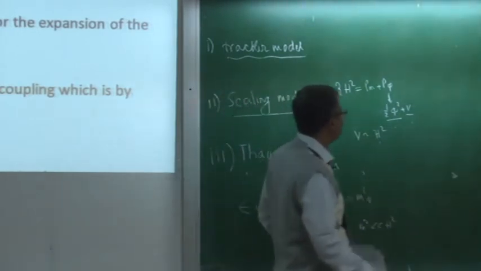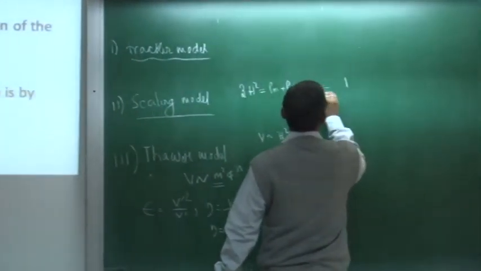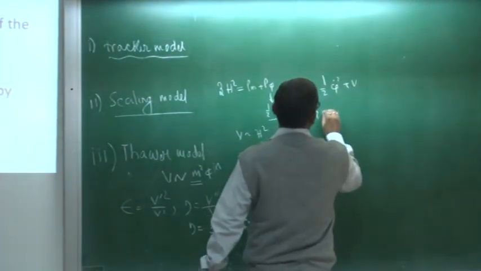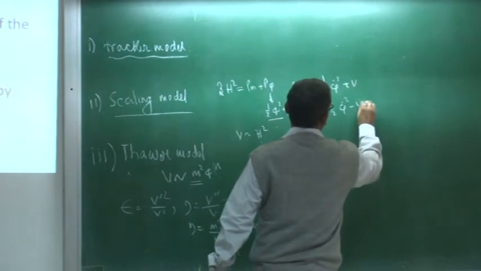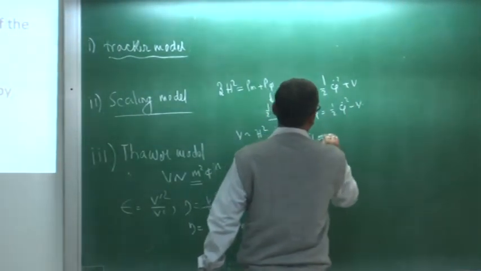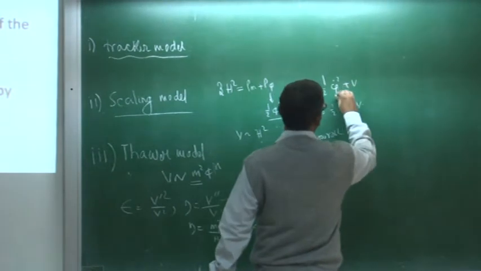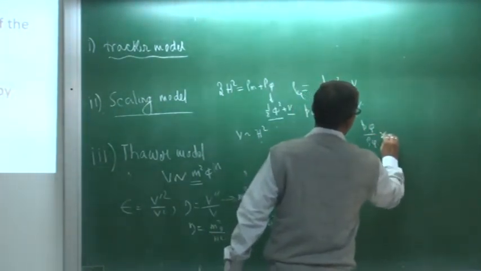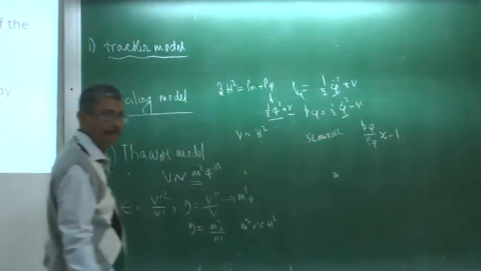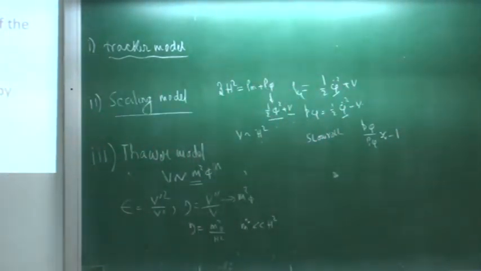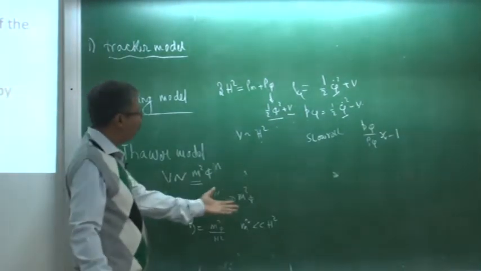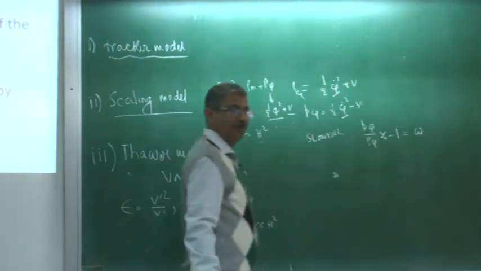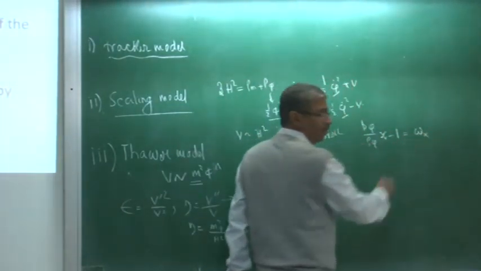And if the slow-roll condition is satisfied, you know that my rho phi is half phi dot square plus V, p phi is half phi dot square minus V. Slow-roll, you can ignore this term, so your p phi by rho phi is of the order of -1. Fine, because both are zero. So initially the dark energy is actually just frozen to W equal to minus 1. Okay, so it just behaves like a cosmological constant, fine.